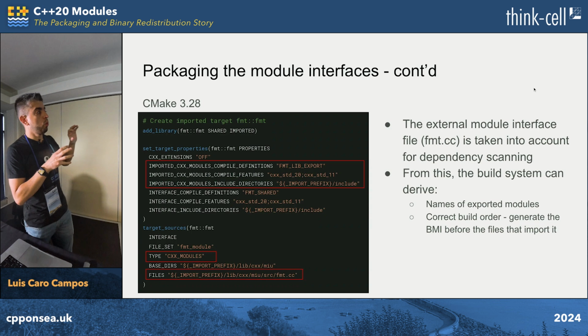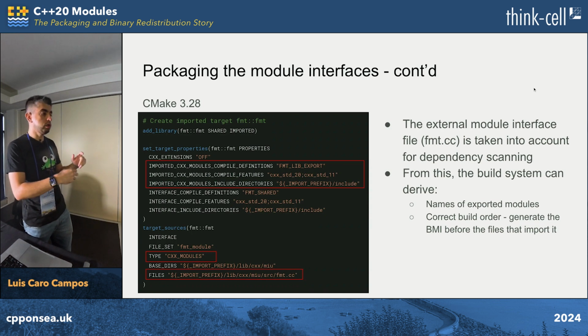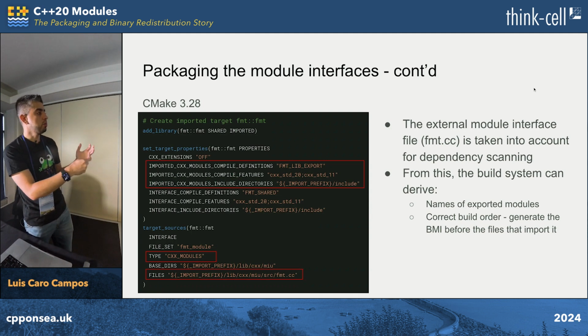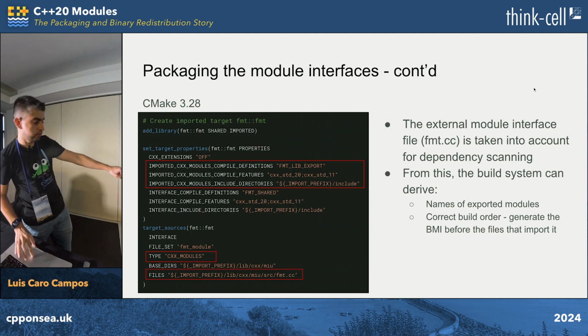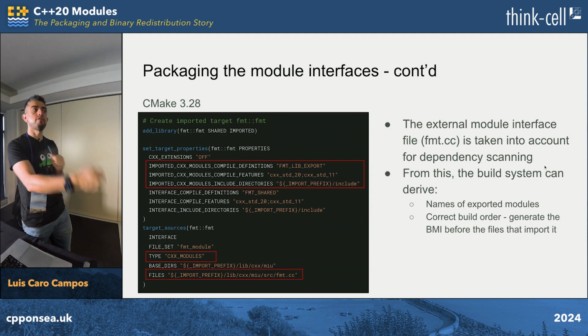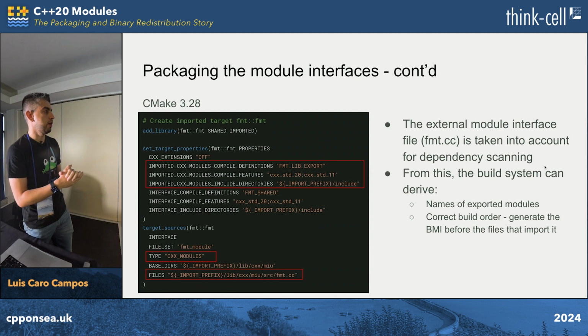So for CMake in particular, what this looks like is when you do a make install with CMake, causing CMake to generate the config files for the importable FMT. So now you bundle the FMT library, the binary file, the CMake configuration file, and you also bundle this file that is mentioned here at the bottom, which is fmt.cc, the file that does export the FMT module.